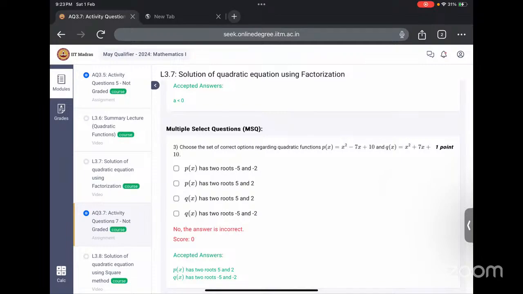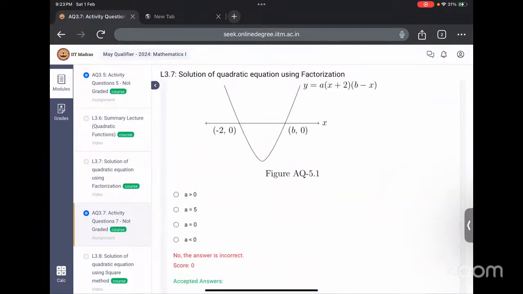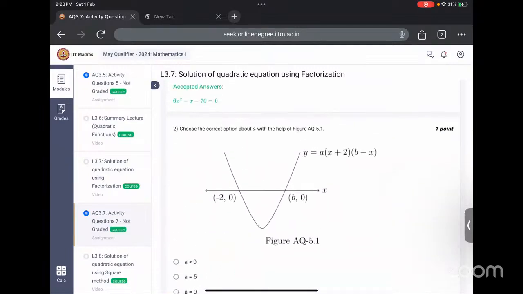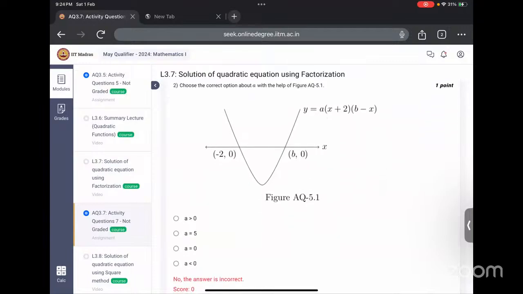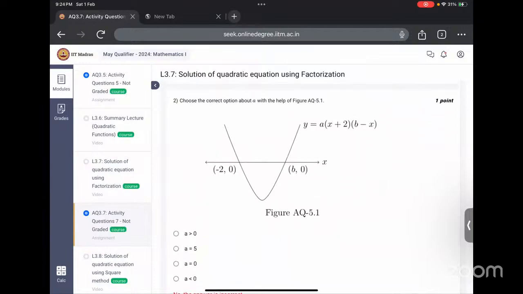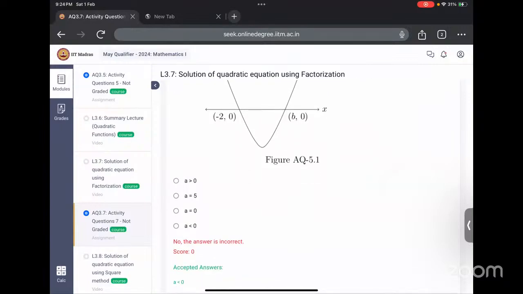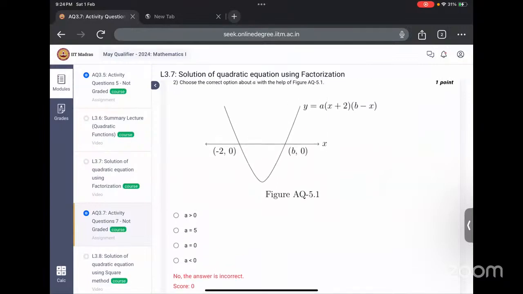Activity 3.7, second sum. You have the picture given. What is the question? Choose the correct option. We have the picture of a parabola in the upward direction.